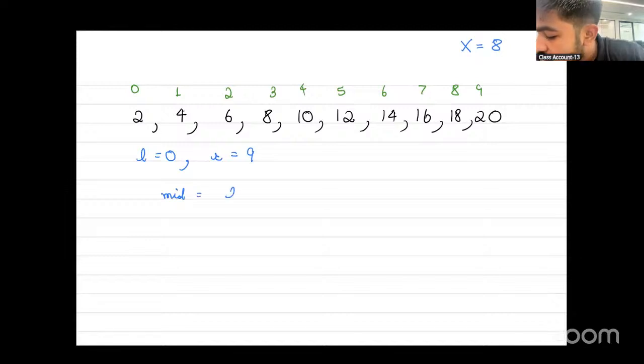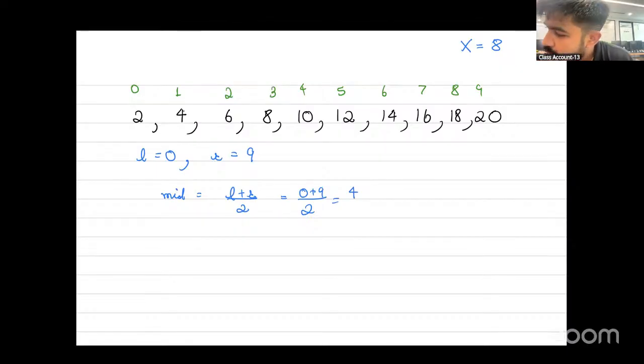Mid is equal to (L plus R) divided by 2. If we employ it here, it would be 0 plus 9 divided by 2. That would be 4.5. But let's take the value 4, that is the floor value of this, because indexes can never be in decimal. So we have the value as 4.